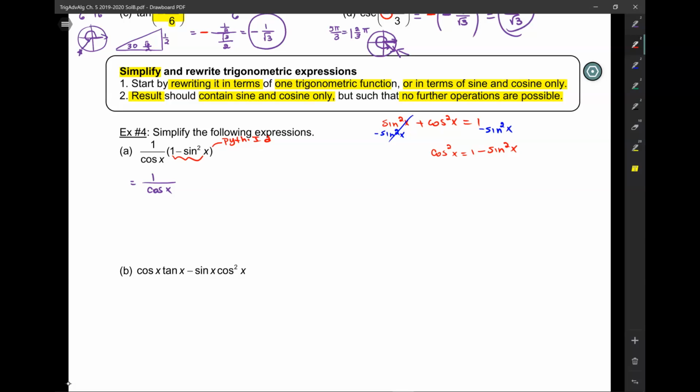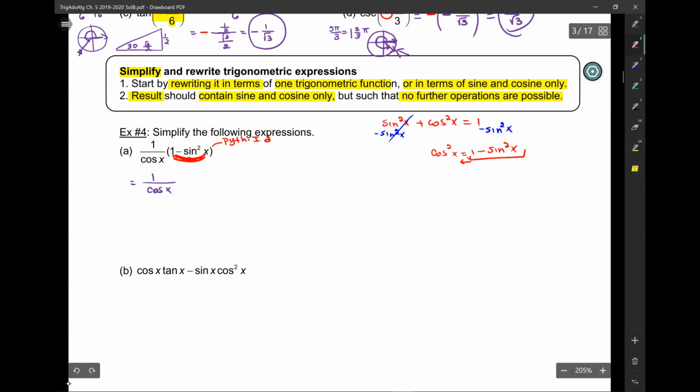Okay, now here is the game changer. I have here 1 minus sine squared x equal to what? Cosine squared x. So when I go to my problem, 1 minus sine squared x is equal to what? Cosine squared x, right?